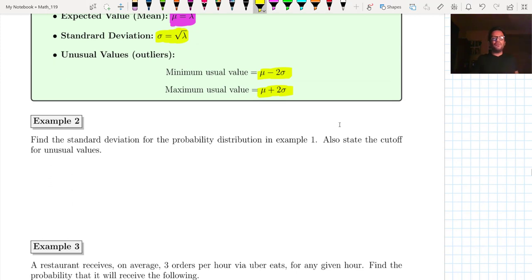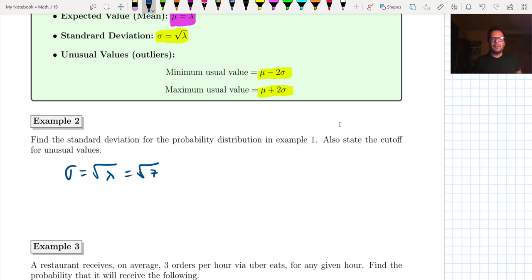For example 2, we are going to find the standard deviation and the cutoffs for unusual values from example 1. We know that sigma equals the square root of lambda, which is the square root of 7.